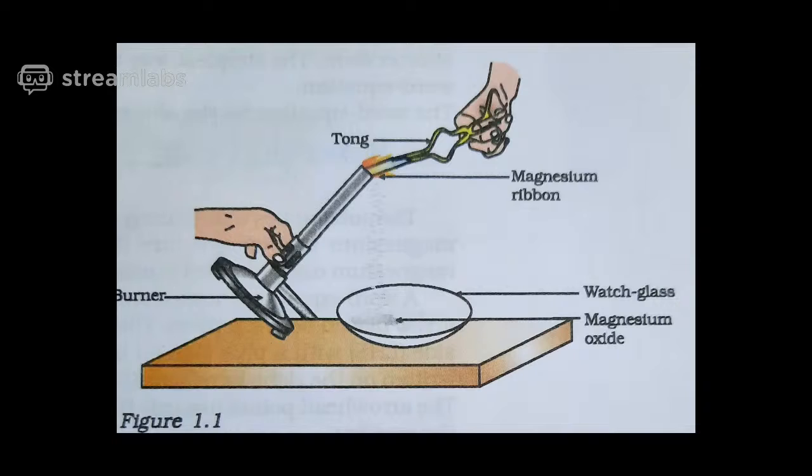And what happened in this equation? The magnesium burns in the presence of oxygen to form magnesium oxide. Now how to write this?